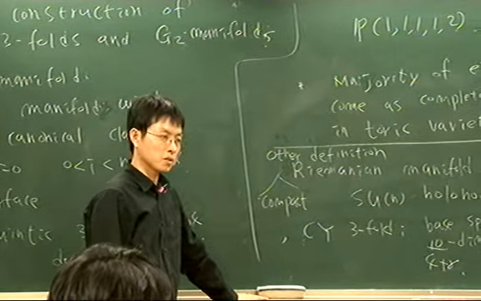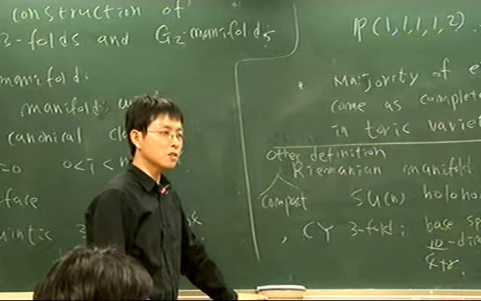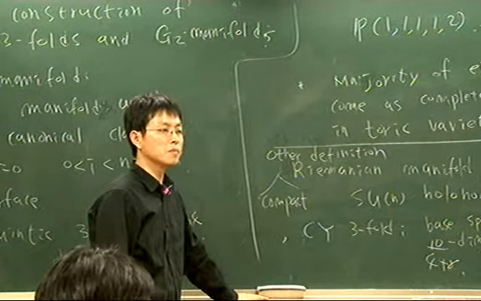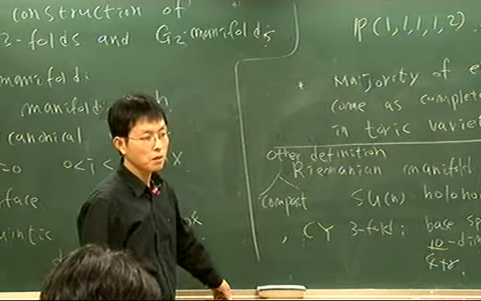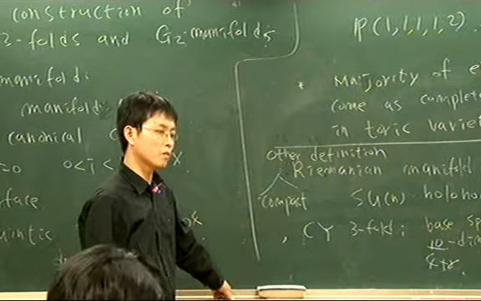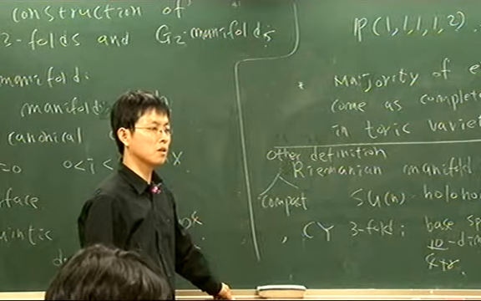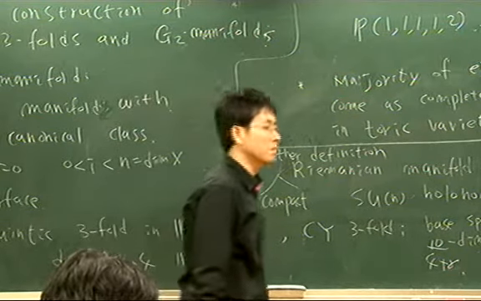Yes, for each fixed dimension there are examples, but they come in continuous families, up to deformation. So far, the constructed examples are only finitely many, so people don't know.